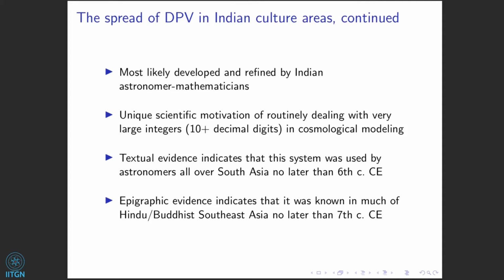Well, in the Indian knowledge system context, we have this unique scientific motivation of typically dealing with extremely large integers, anywhere from 10 to 13 or more decimal digits in cosmological modeling. In fact, ancient India is unique in the literate ancient world for having this long-standing, persistent interest in just expressing very large numbers.